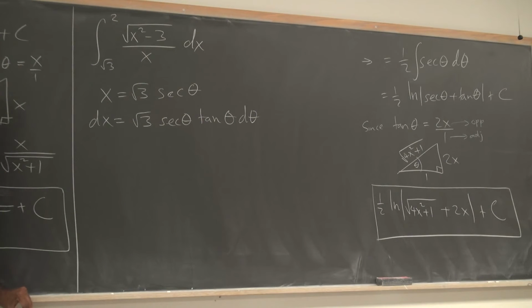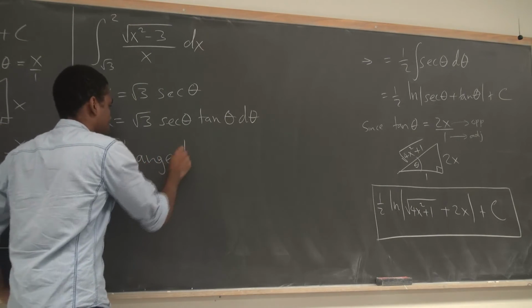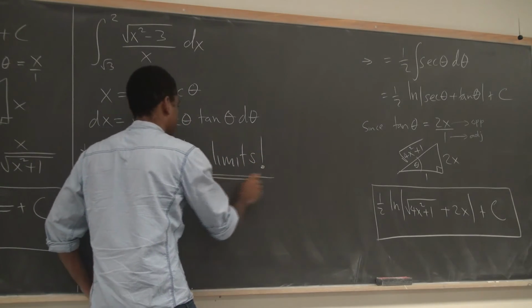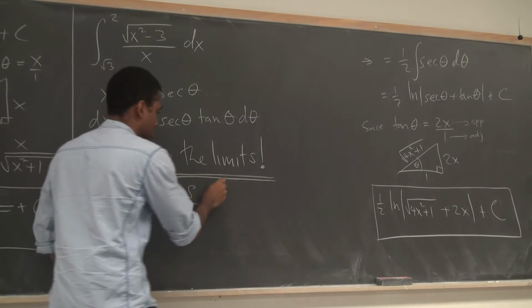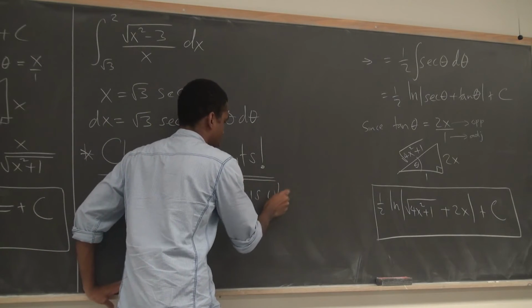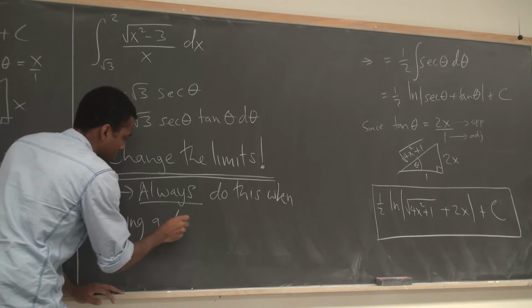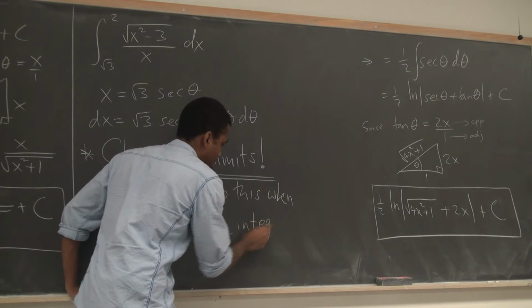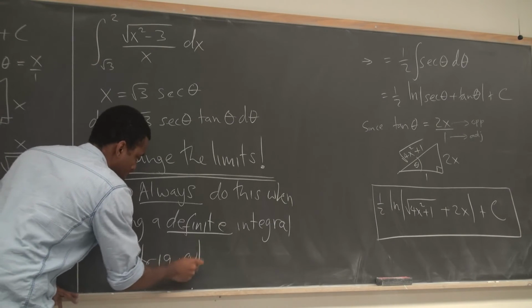Okay, so at this point, this is something that's going to be important. It's going to save you a lot of headache. Change the limits. Always do this when doing a definite integral by trig substitution.